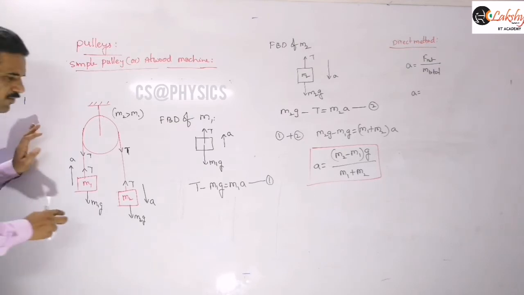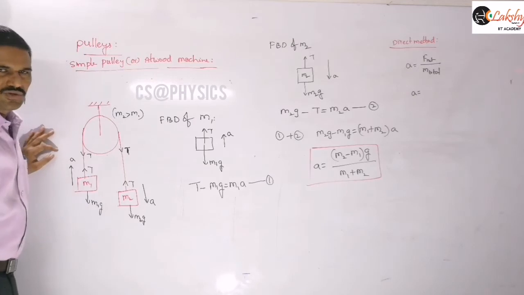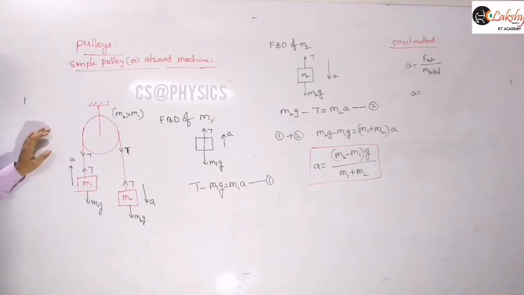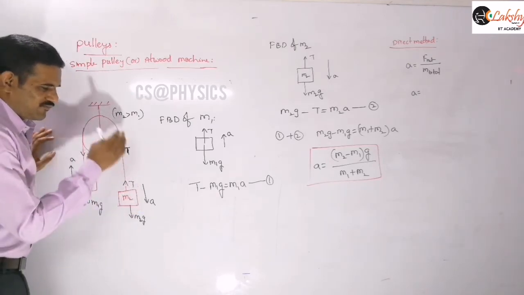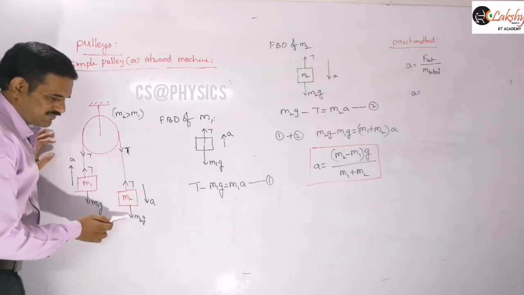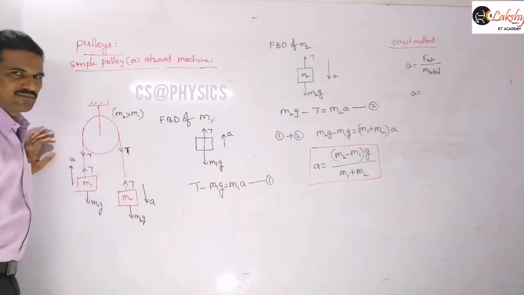Both forces appear to act downward, but their effects will be in opposite directions. Assuming M2 is greater, M2 is moving down, so I can conclude that M2G is trying to accelerate the system.